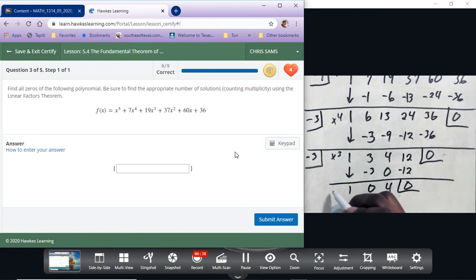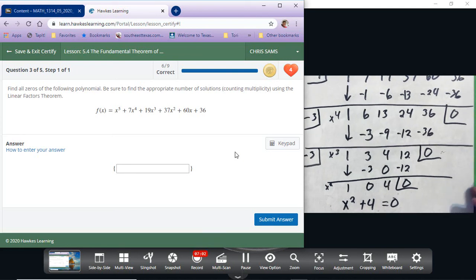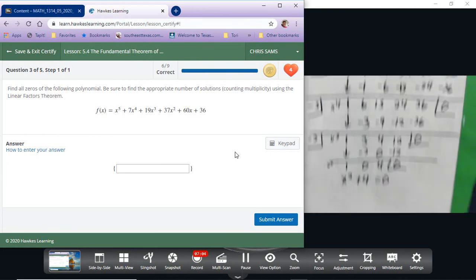Alright, so now this is an x squared function. So what we have left, this is 1x squared. This is 0x, and then just plus 4. So this is what we have left. Finding this, we're going to set this equal to 0 and just factor it, or it won't factor, so we'll just move the 4 over. So that will give us, and I'm running out of room here, so hold on.